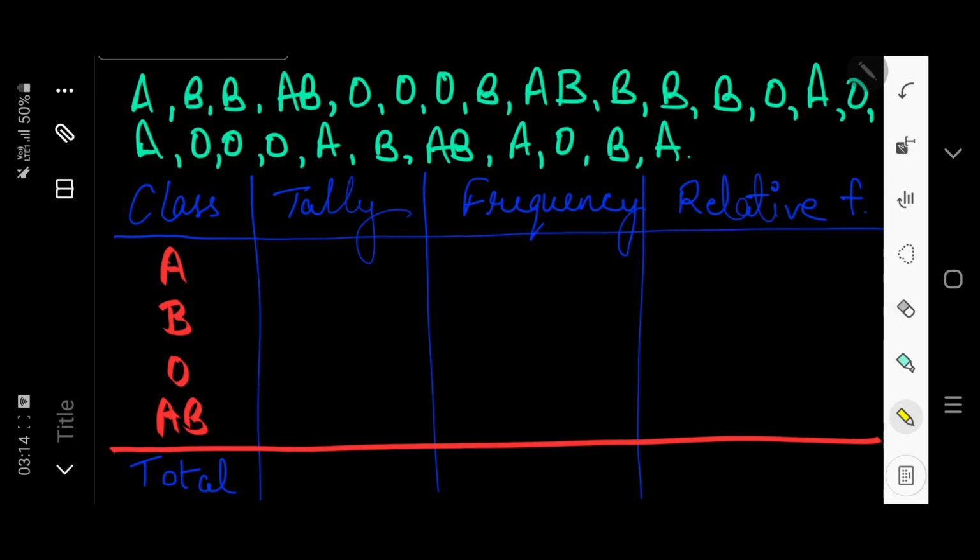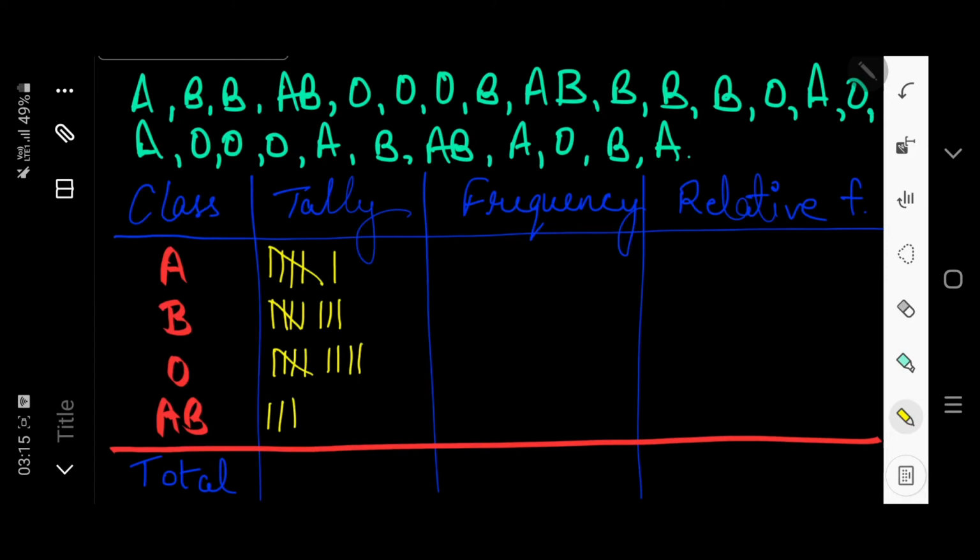Like if it is A, we will mark 1 here, then 2 B, then B and B, then 1 AB, then 3 O, 1, 2, 3, then again a B, then AB, 3 times B, 2, 3, then again O, A, O, A, 3 times O, 1, 2, 3, then again A, then B, then AB, then again A, O, B and A. So we are done with the tally now.